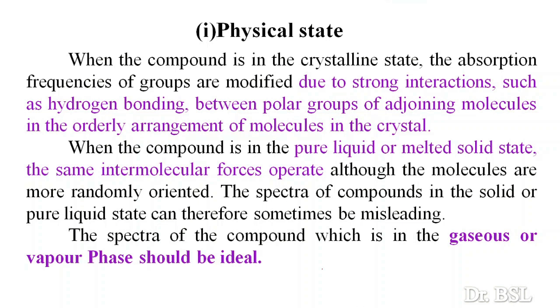The very first factor is physical state, the physical state of that compound. When the compound is present in crystalline state or in solid state, it has strong interactions such as hydrogen bonding between polar groups of adjoining molecules which are packed in orderly arrangement.